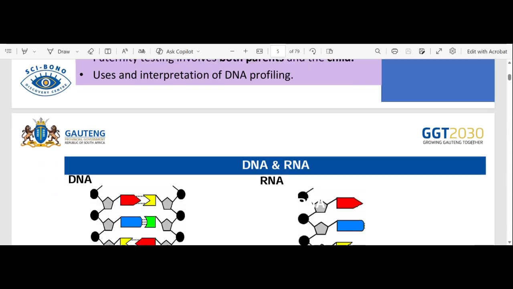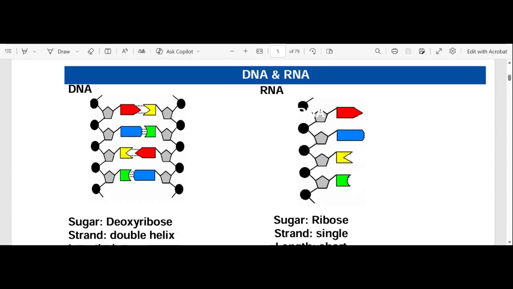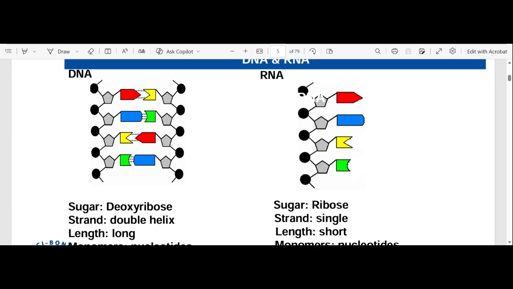Without further ado, let's start right away. Let's get to the structural differences between the DNA molecule and the RNA molecule. DNA in full is deoxyribonucleic acid, and RNA in full is ribonucleic acid. So you can already see observable differences. DNA is double-stranded and RNA is single-stranded.